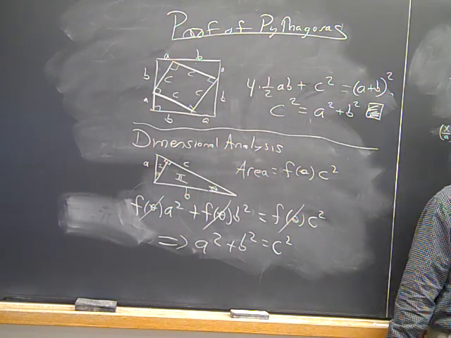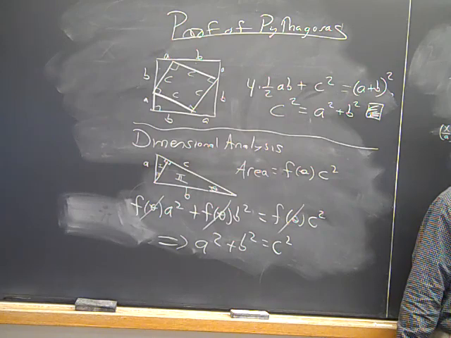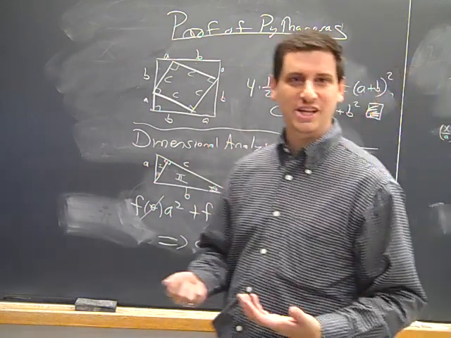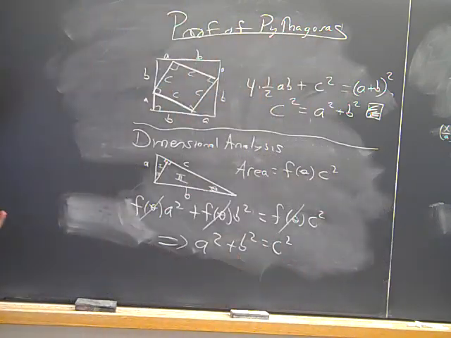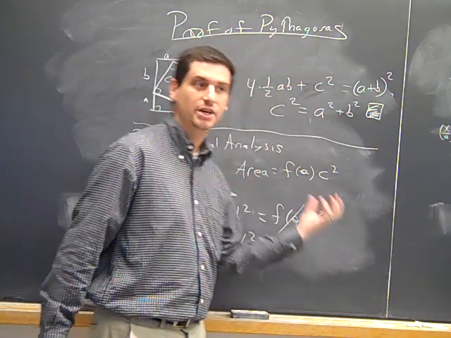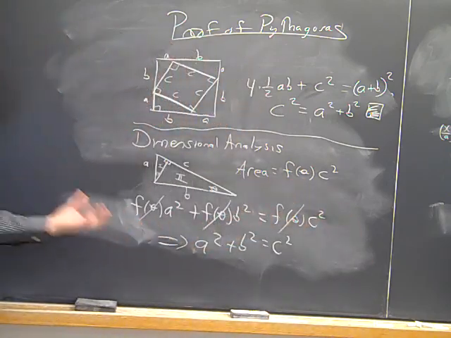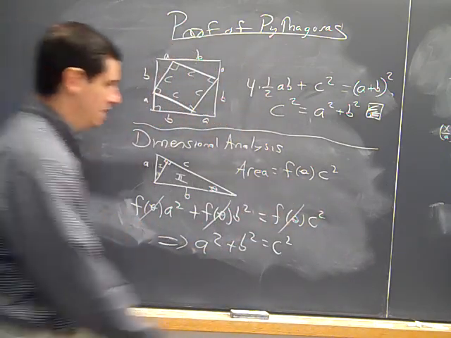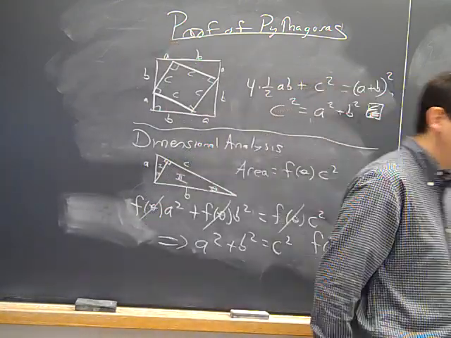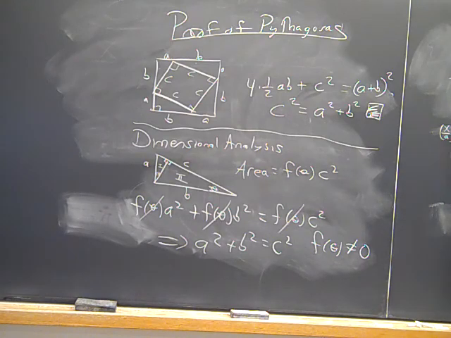The triangle would have 0 area. We don't have a triangle, right? So again, we are not in an engineering class, we're not in a physics class, we're definitely not in an economics class. Before we do something, we have to check and see, can we justify? The issue here is, can we justify canceling? Yes. F of theta is not 0. And so because f of theta is not 0, we can cancel.